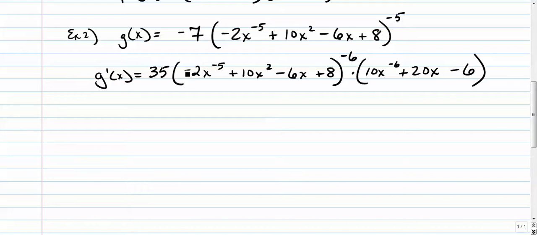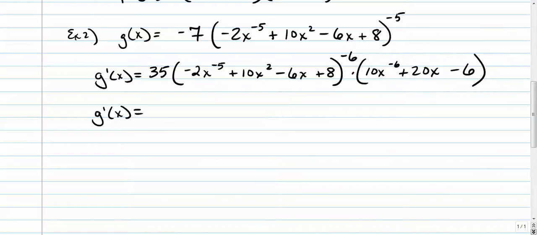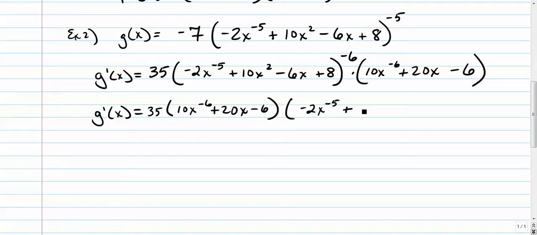And again, it's probably a good idea to get into a habit of taking your lead term out here and multiplying it by this last term right here. So I'll do that now. We have 35 times the quantity 10x to the -6 plus 20x minus 6. And then this big 4-term polynomial doesn't change.